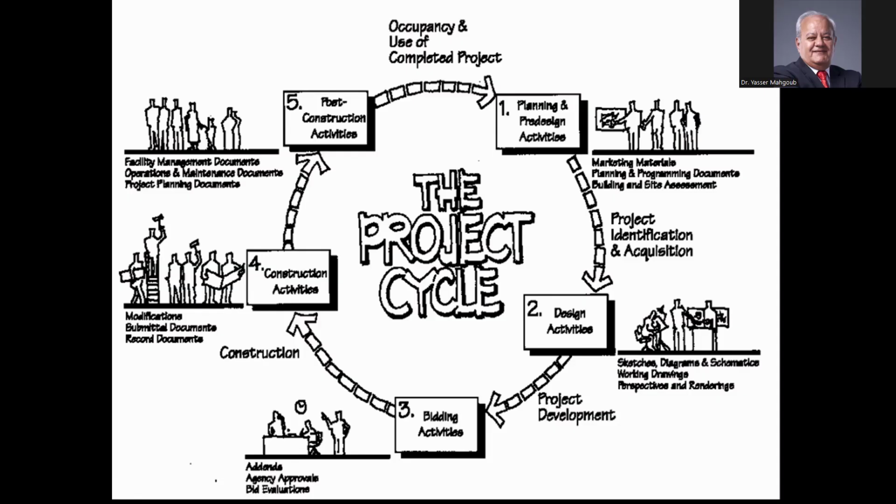So the main part we need to provide is the program, a complete, full program for the project that identifies the goals, the constraints, the space program, the areas, and everything related to this.